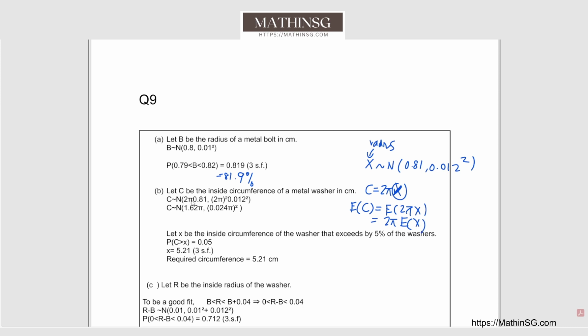So how I got 2 pi times 0.81 is I take 2 times pi times the mean, or the expected value of x, which is the radius of the washer.